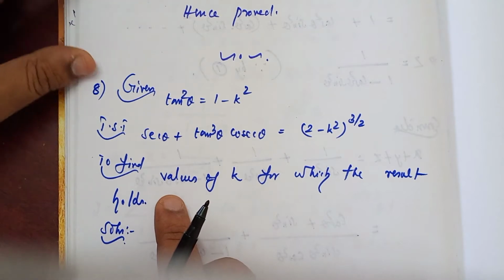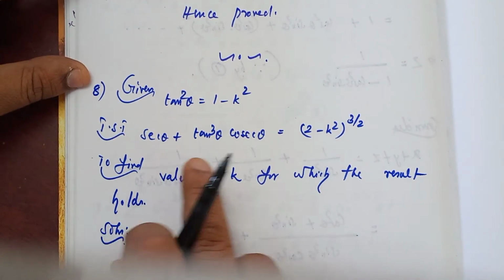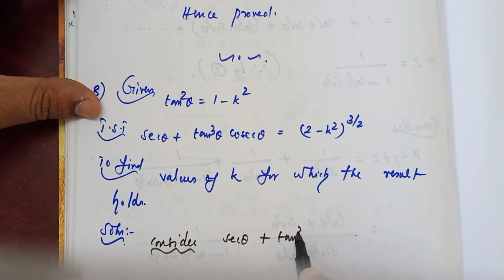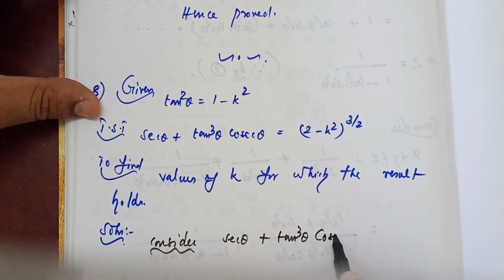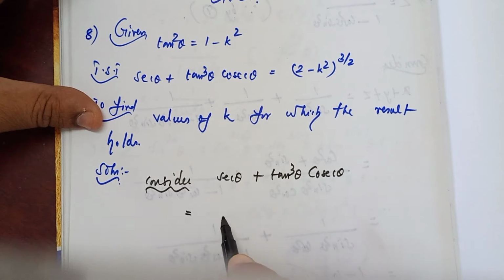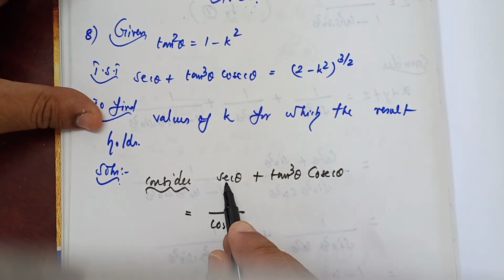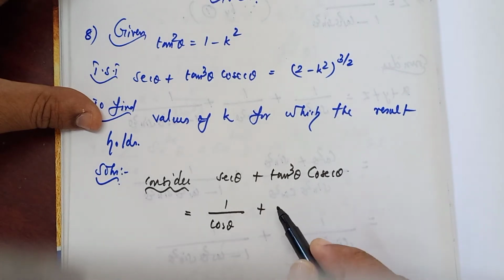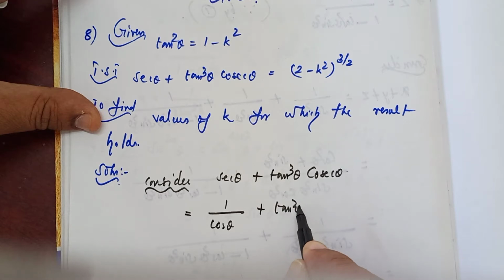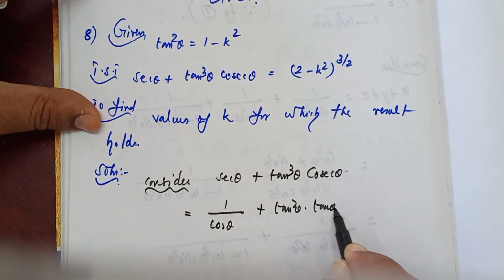Here is the question. Consider secant theta plus tan cube theta into cosecant theta. Secant theta you can write 1 by cos theta, the reciprocal of cos is secant, plus tan cube theta you can write tan square theta into tan theta.